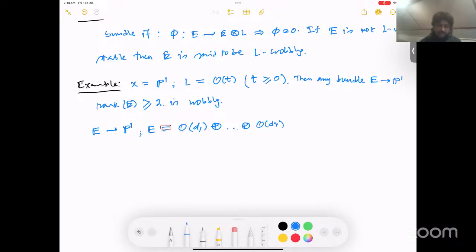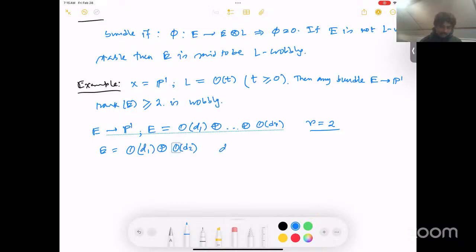So to create the counter example, you can just, for the time being, think that R is 2. Okay, if you can do for R equal to 2, you can do for any rank. So in that case, E becomes O(d1) plus O(d2).